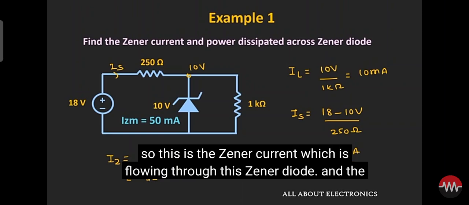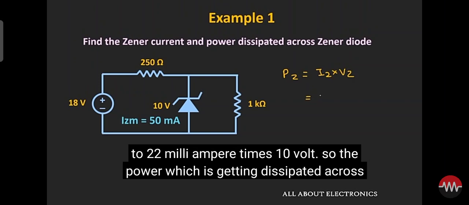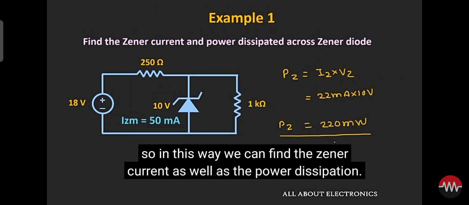So this is the Zener current which is flowing through this Zener diode, and the power which is getting dissipated can be given as IZ times VZ, that is equal to 22 milliampere times 10 volt. So the power which is getting dissipated across this Zener diode is equal to 220 milliwatt. So in this way we can find the Zener current as well as the power dissipation.